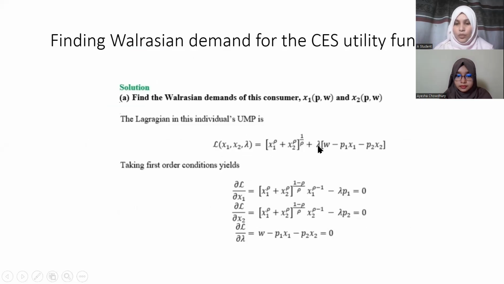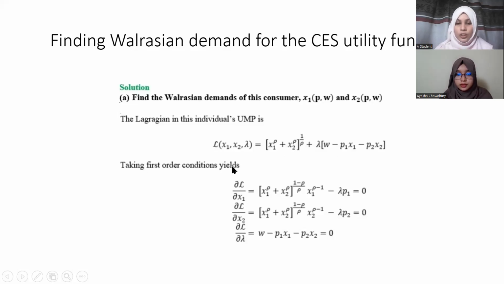Here, lambda is the Lagrange multiplier, p is the price level, and w is the wealth level. w - p1 x1 - p2 x2 is the budget constraint, and (x1^rho + x2^rho)^(1/rho) is the utility level.